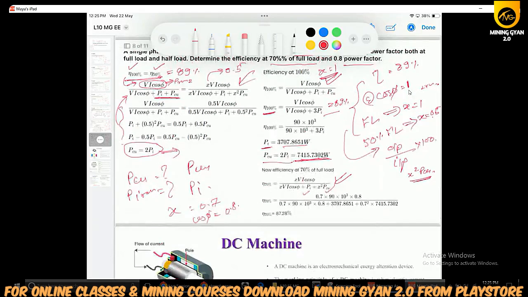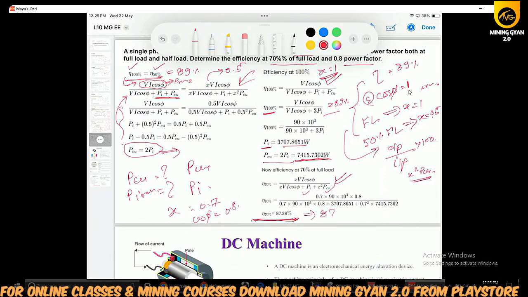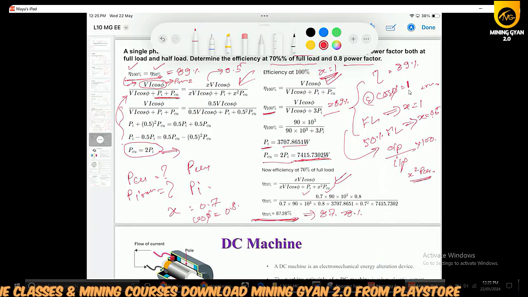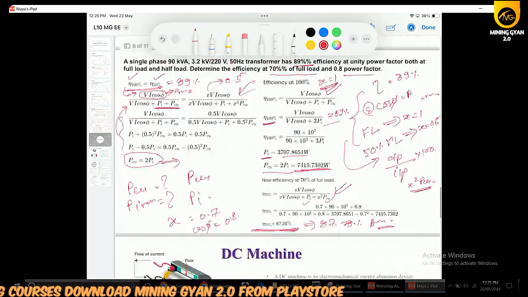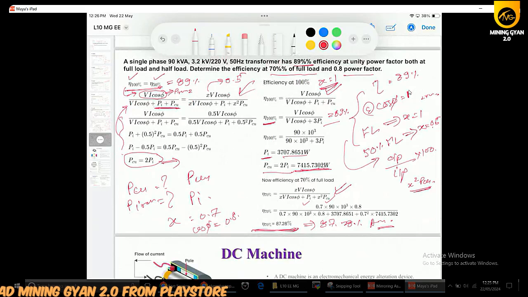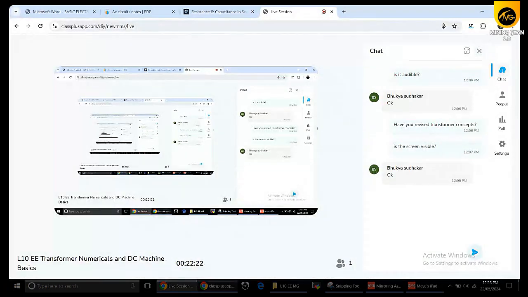So you just put these values and x will be 0.7. Then you will get the efficiency at 70% of load condition. The efficiency will be 87.28%, and that is the answer. It means when you are utilizing 70% of the rated capacity of the transformer, then you will get 87.28% efficiency.